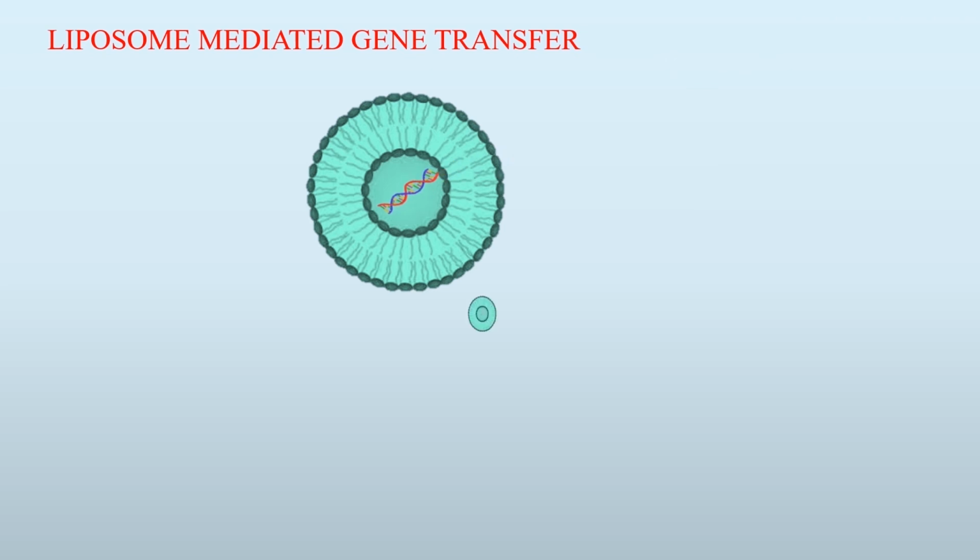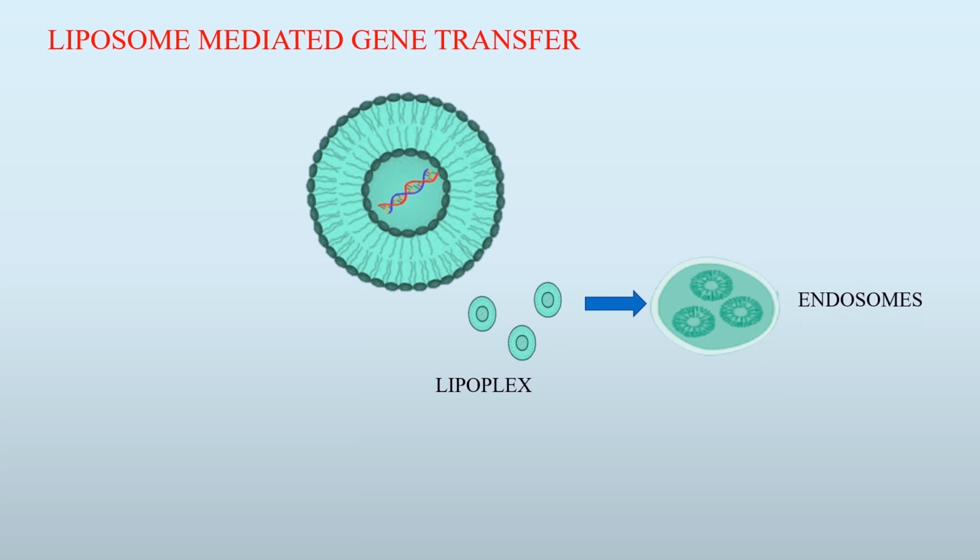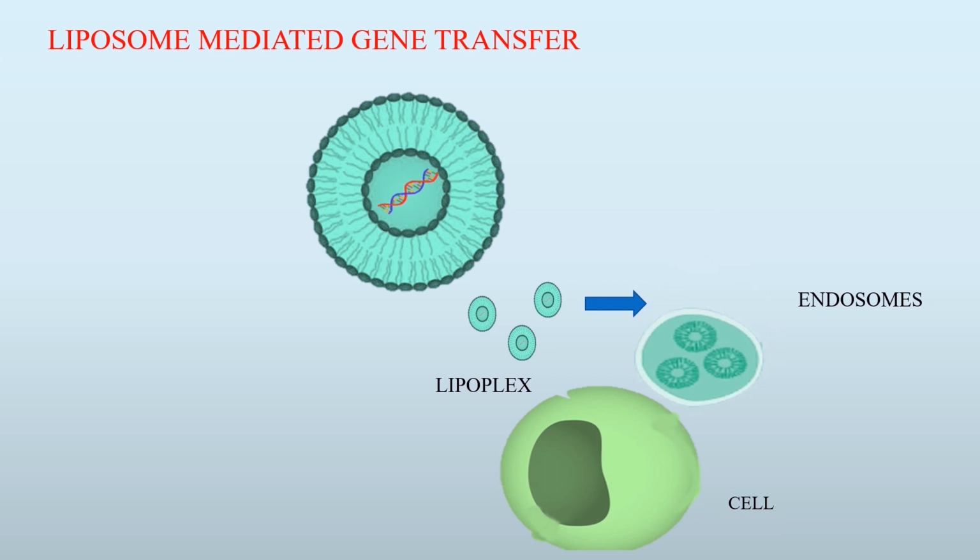The DNA is preloaded in the vesicle by membrane fusion or by endocytosis. The DNA lipid complex is formed. The vesicle fuses with the cell membrane of the target cell. The DNA is delivered into the cytoplasm of the cell.